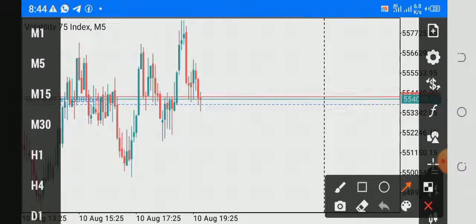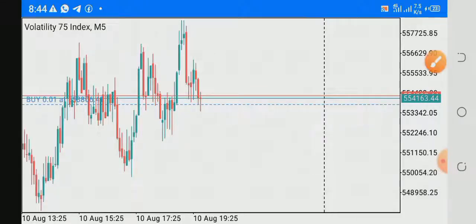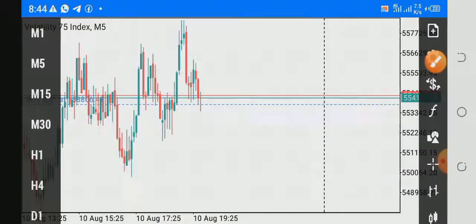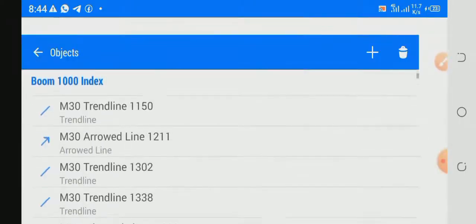So for you to draw your line, maybe a trend line, horizontal line, vertical line, any line you want to draw, you have to go to this icon right here, then tap on it to see your lines.